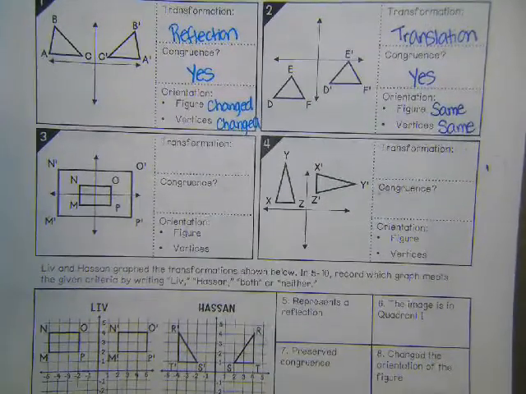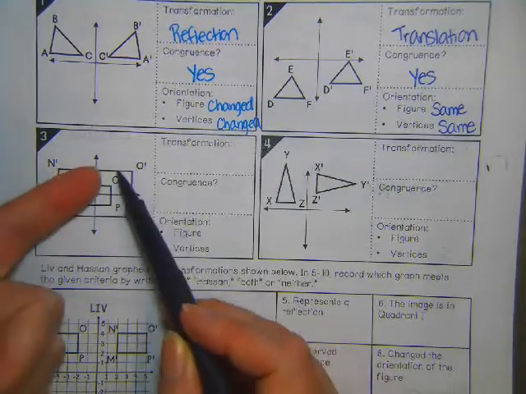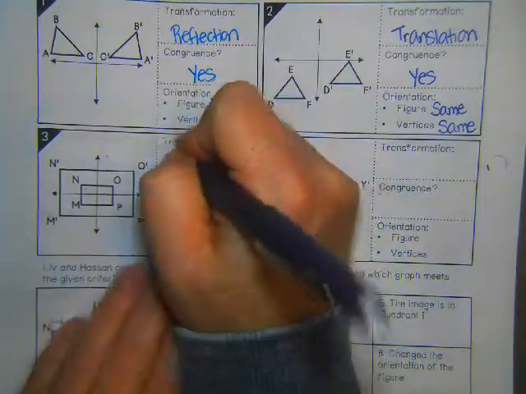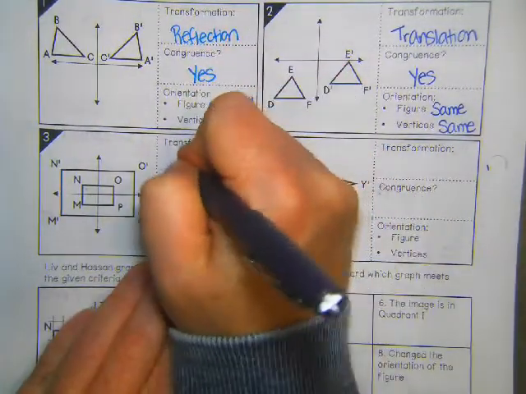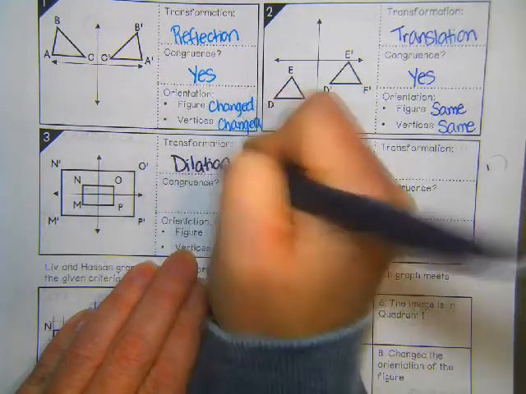Going on to our next one. We have a big one on the outside, which is the new one, and the original was the smaller one. Because this is either reduced or enlarged, this is called a dilation. Is it still congruent?